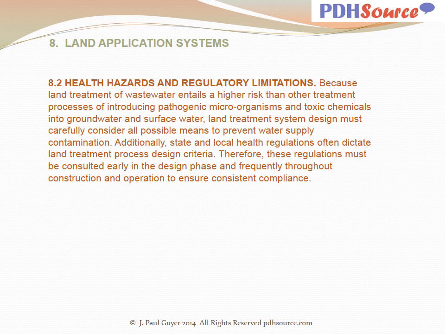Additionally, state and local health regulations often dictate land treatment process design criteria. Therefore, these regulations must be consulted early in the design phase and frequently throughout construction and operation to ensure consistent compliance.